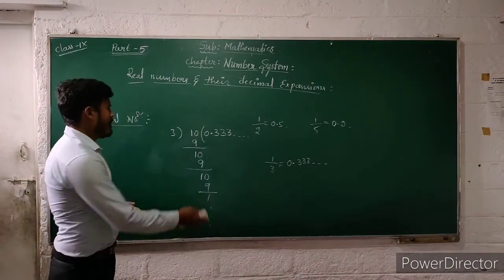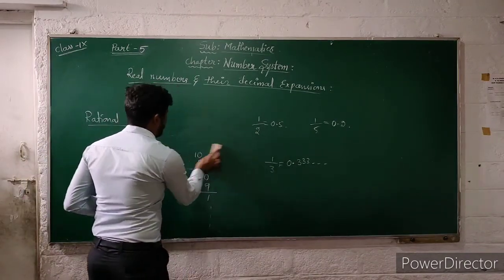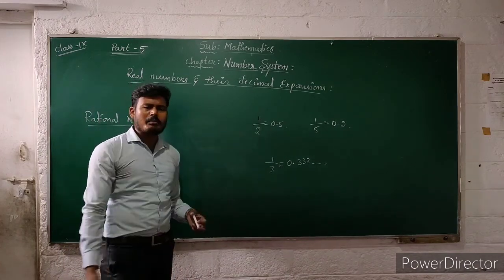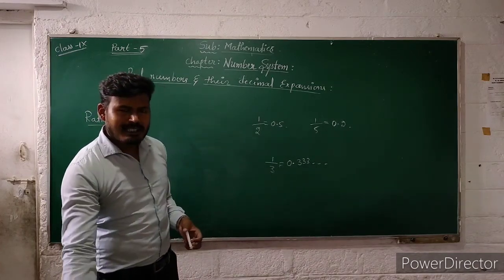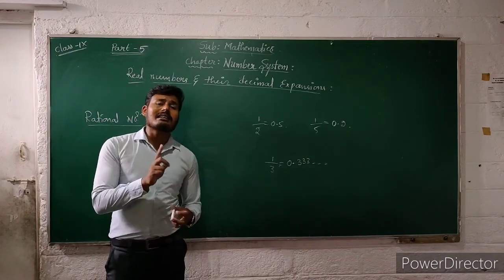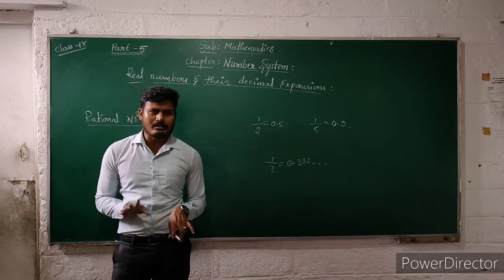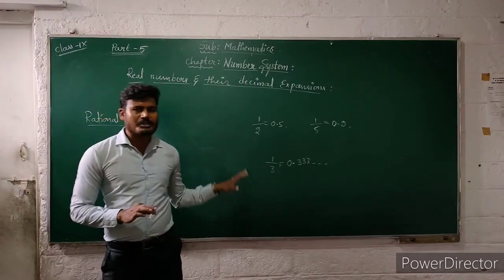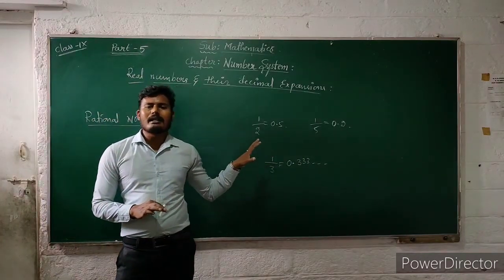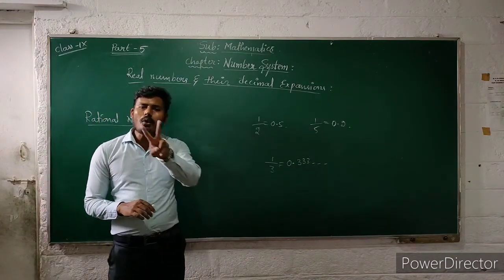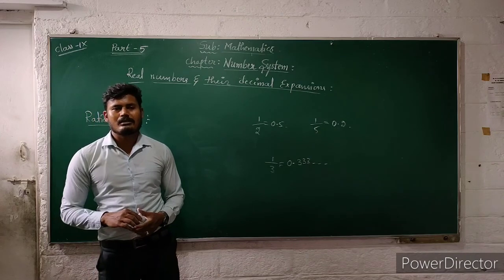Now coming to the decimal expansion, we know that these are all rational numbers. Consider any rational number other than natural numbers or integers. Other than integers, you consider any fractions related to rational numbers. You notice that there are only two kinds of decimal expansions.